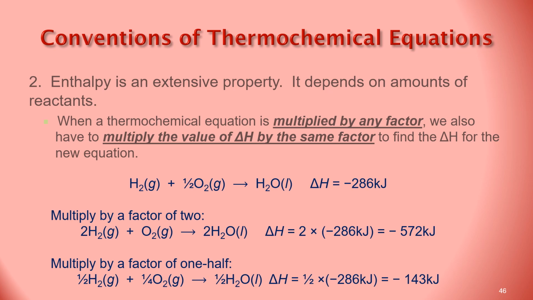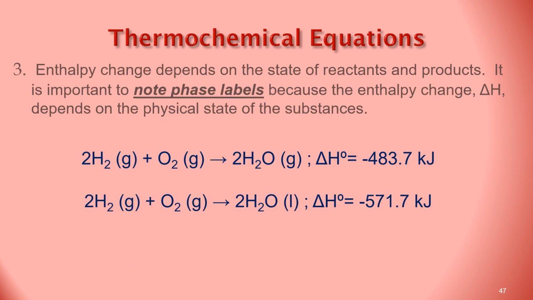Finally, it's important to make sure you're paying attention to the phase. So delta H will depend on the state of the reactants and products. So often, especially with water, it's important to note the phase labels. So see here, if you take 2H2 plus O2 to make 2H2O in the gas phase, of course it's negative 483.7 kilojoules.